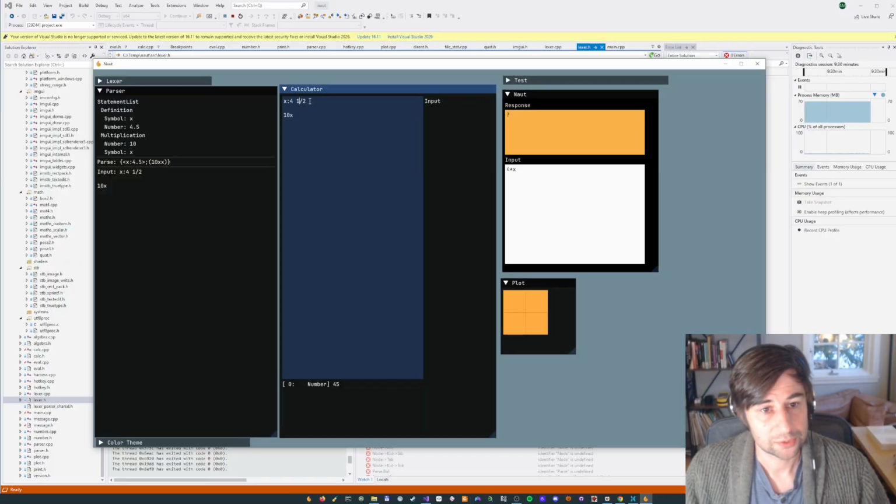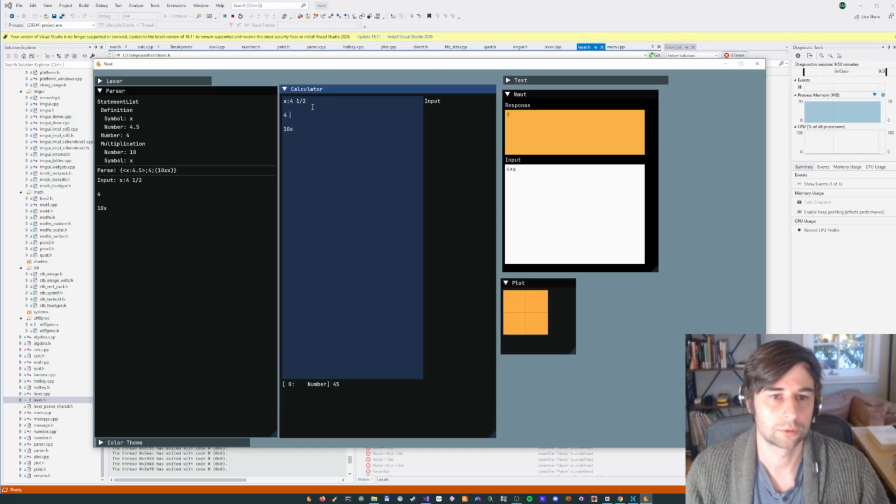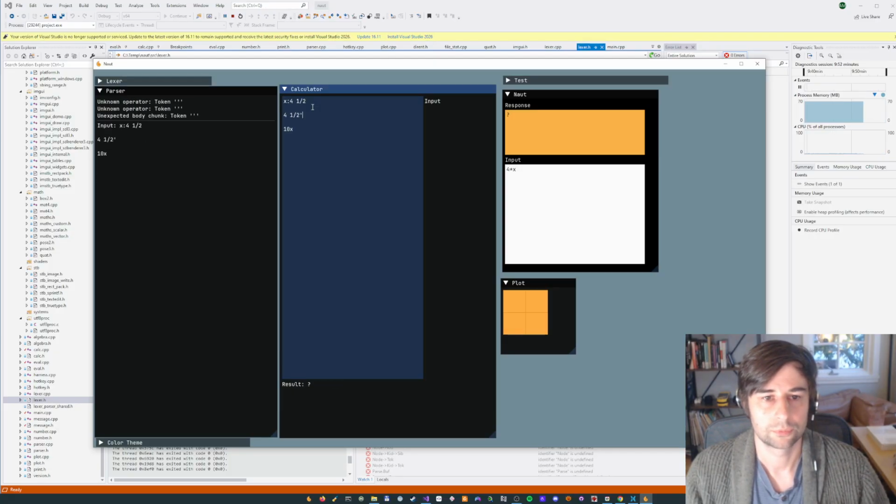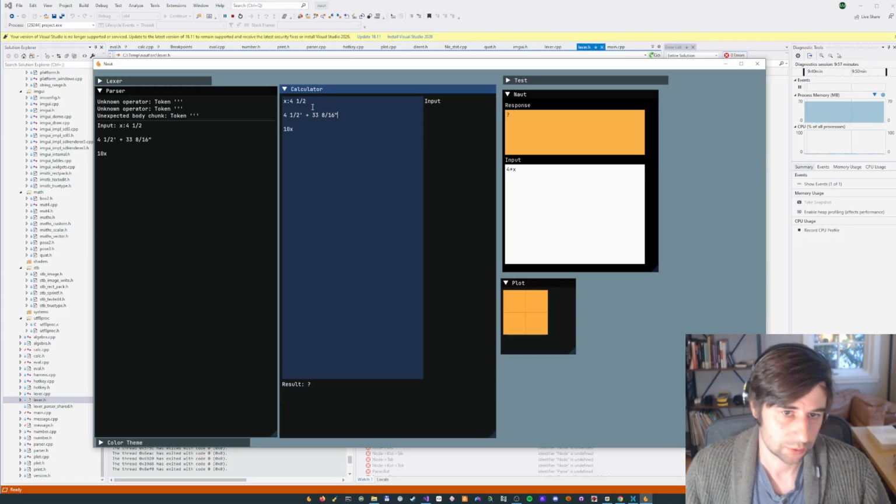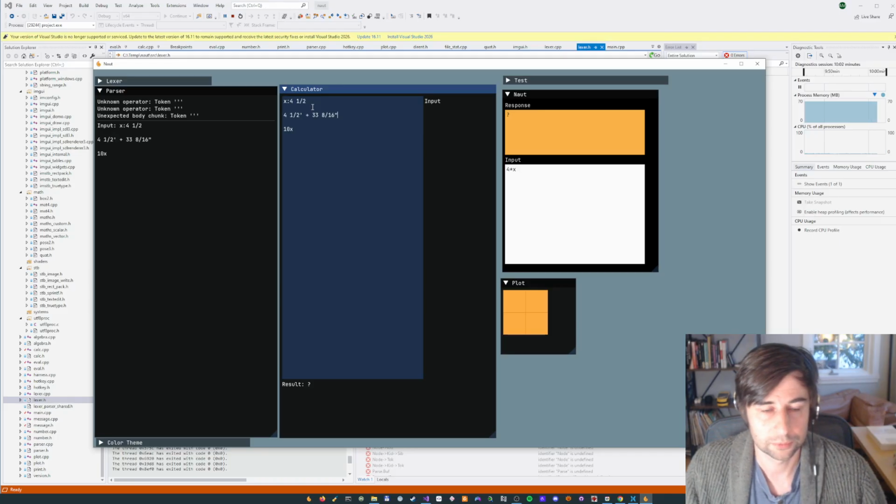If you have a space followed by another number, it's going to add those numbers, but only if they're a fraction, I believe. So if I do 4, 1, then it's not that. But if you do 4.5, then it will actually treat this as a half. My high hope is to ultimately end up with 4.5 feet plus 33 and 8/16 inches, and that should deliver a correct result in this form alone without any kind of shenanigans.